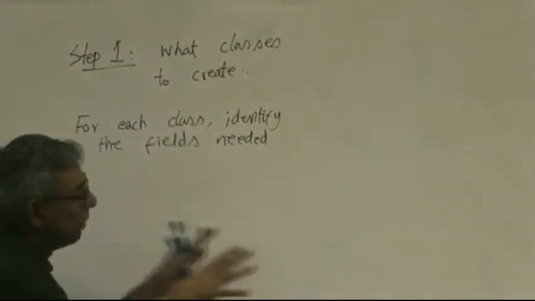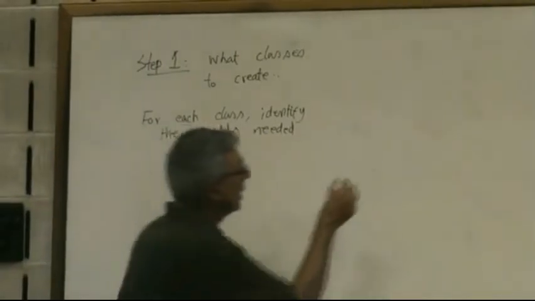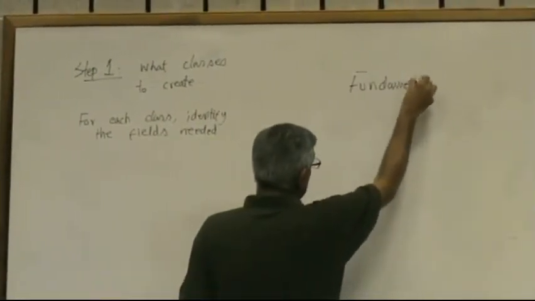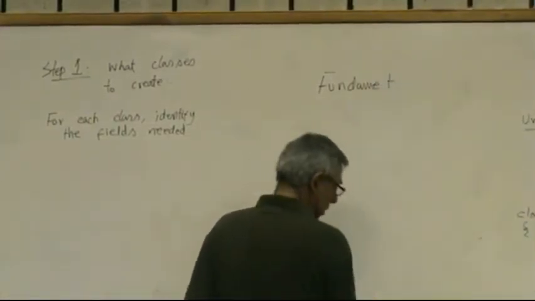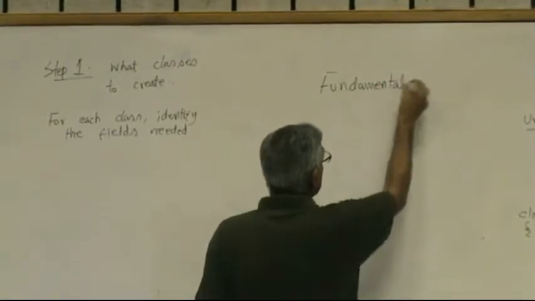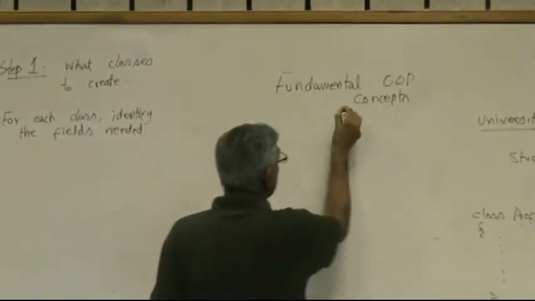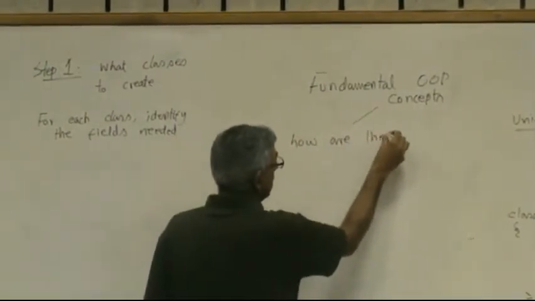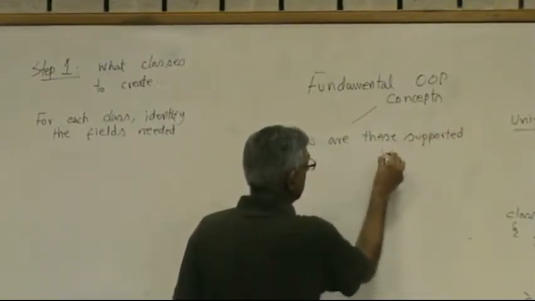Okay, so to give you a big picture of where we are heading, first we will learn the fundamental object-oriented programming concepts, and also how these are supported in C#.